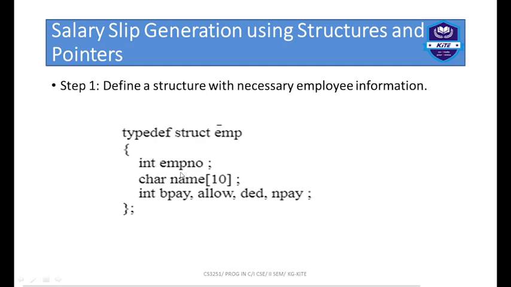Employees will have employee number, name, and each employee will have a specific basic pay, allowance, deductions, and net pay. We are going to calculate net pay from all this information: basic pay, allowance, and the deduction.